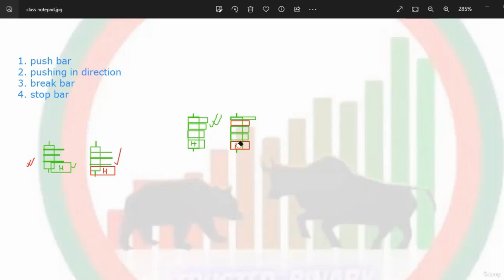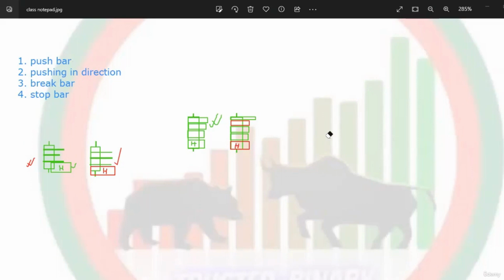Why push bar? Because sellers' volume is high, power of control is on the seller side, but the sellers failed, and buyers created a bullish candlestick. That's why we can call this candlestick and this situation also a push bar. Okay, now clear?